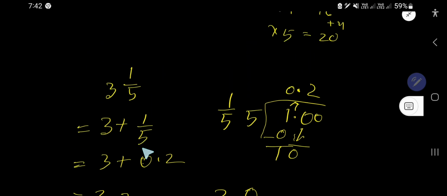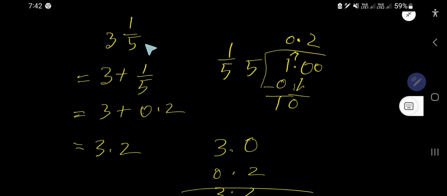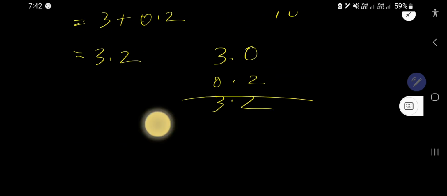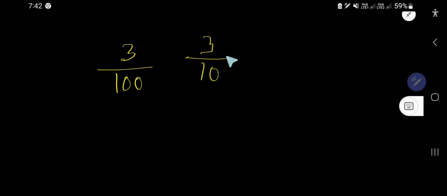So now by using this method, you can express any mixed number as a decimal. Here is a third type of fraction. Look, 3 over 100 or 3 over 10, like this.